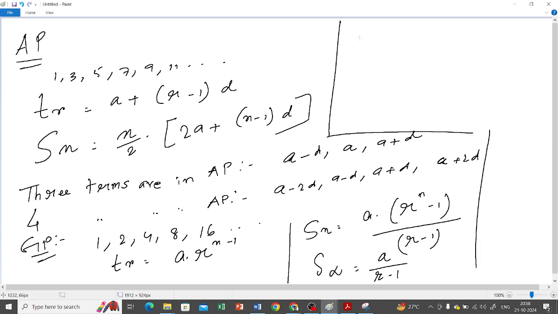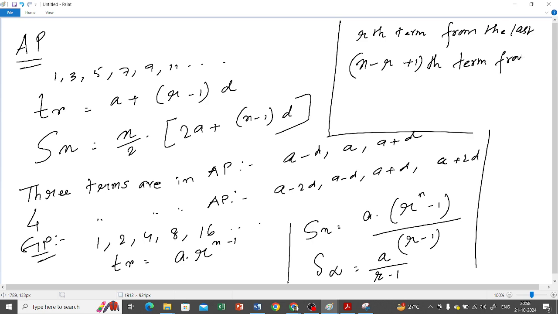If it is given the rth term from the last of any series, AP series or GP series, then rth term from the last is n minus r plus 1th term from the first.